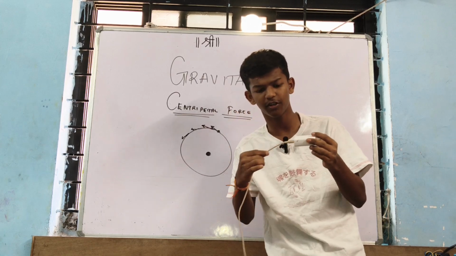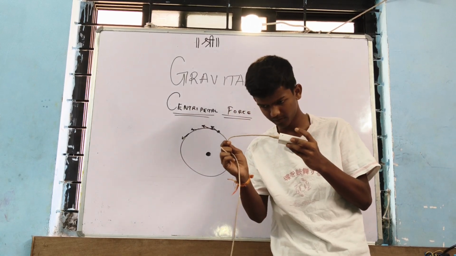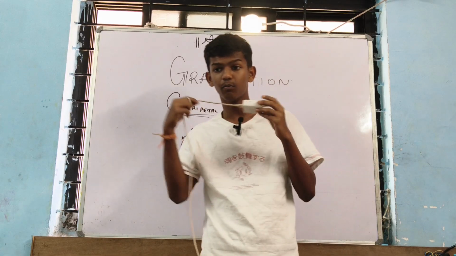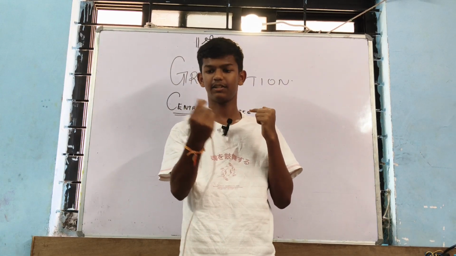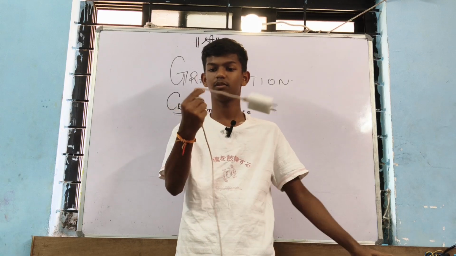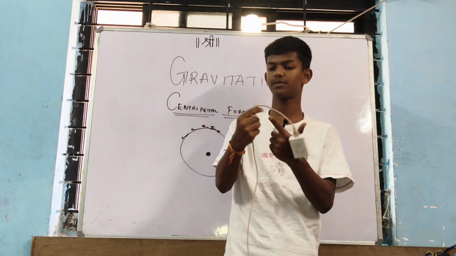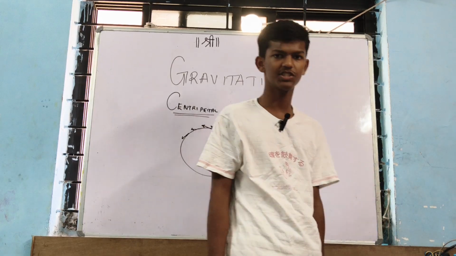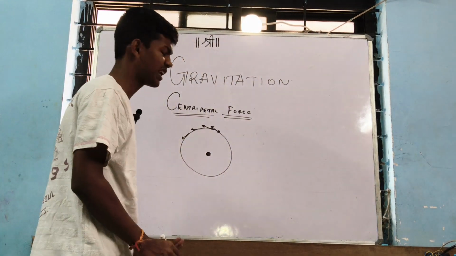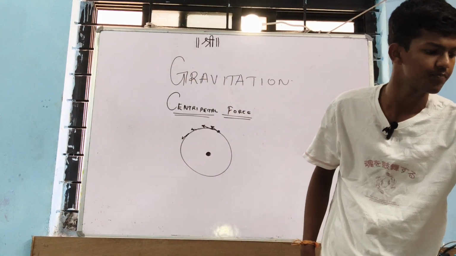Until the force is applied by the earth, it will move in a circular path, but when the application of force stops, the object moves in its own direction and changes direction. So this is centripetal force. The formula is not for class 9, so we will directly move to thrust and pressure.